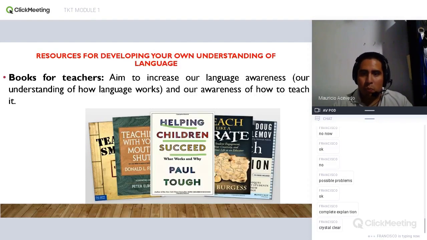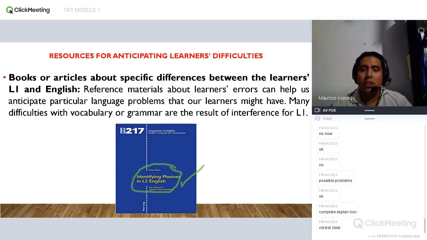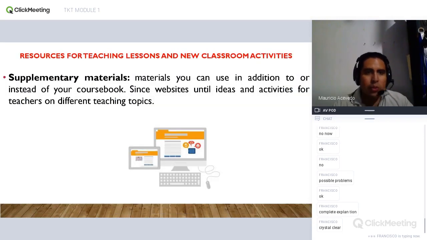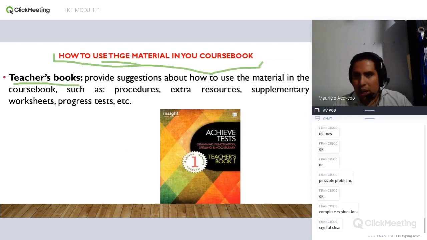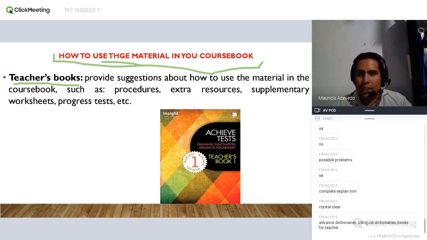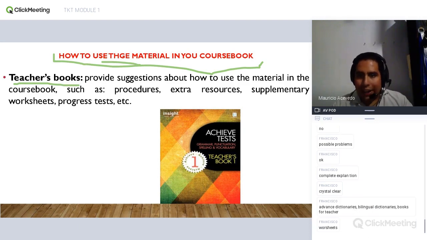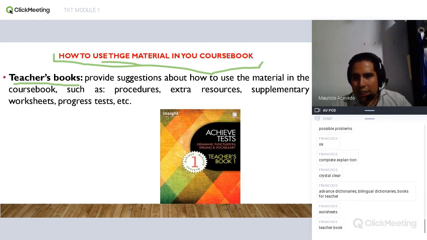How do you use books for you as a teacher? Books to solve problems, supplementary materials, worksheets, your teacher's book, do you have one? Okay, advanced dictionaries, bilingual dictionaries, books for teachers, that's for you, right? Worksheets, teacher's book. Okay, excellent, Francisco.